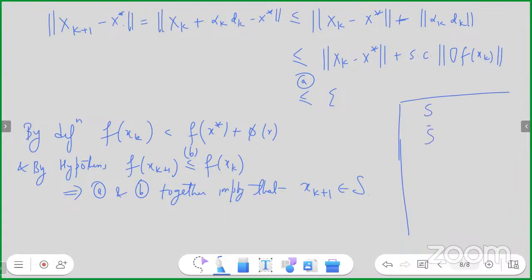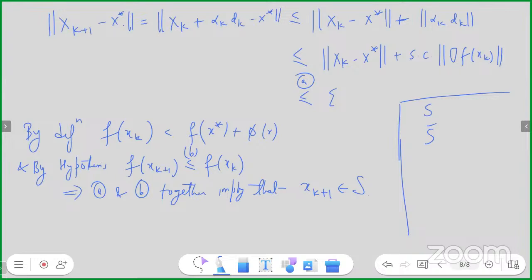Look at the closure. Let's call S bar the closure of S. Can you make an argument just using this? Like, we have infinitely many points in a closed bounded set. Okay, it must have a limit. Okay, carry on. You have to use all the hypotheses of the theorem.